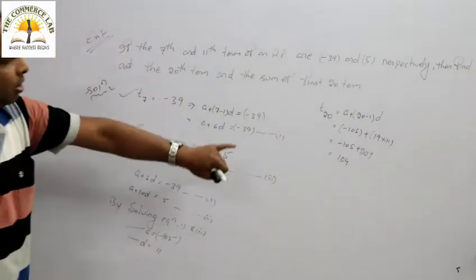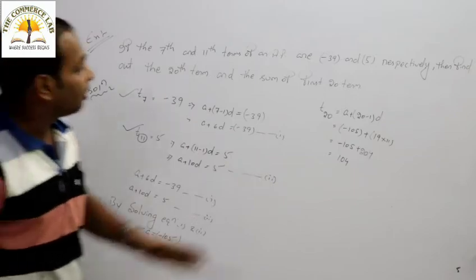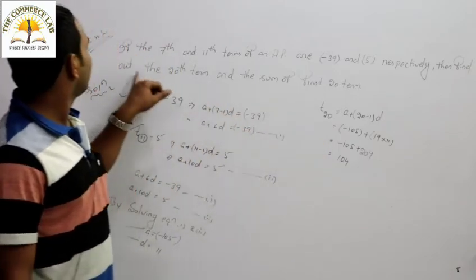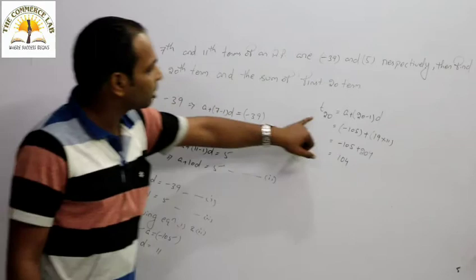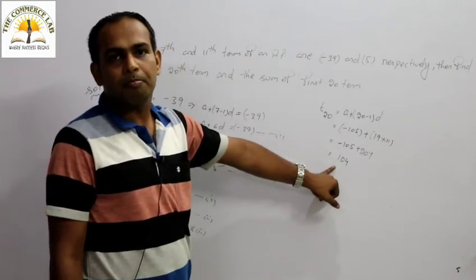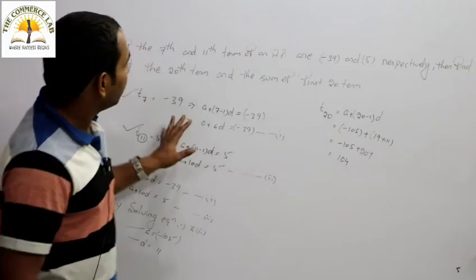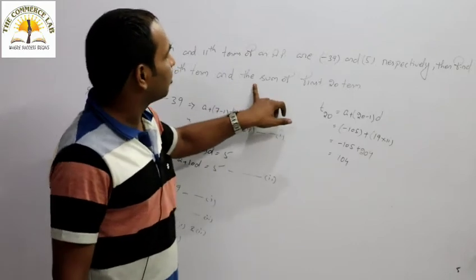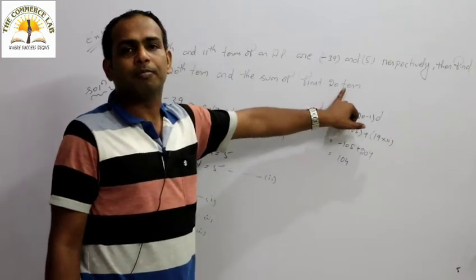So T20 is 104, the value of the 20th term. Then again it is asking to find out the sum of first 20 terms.